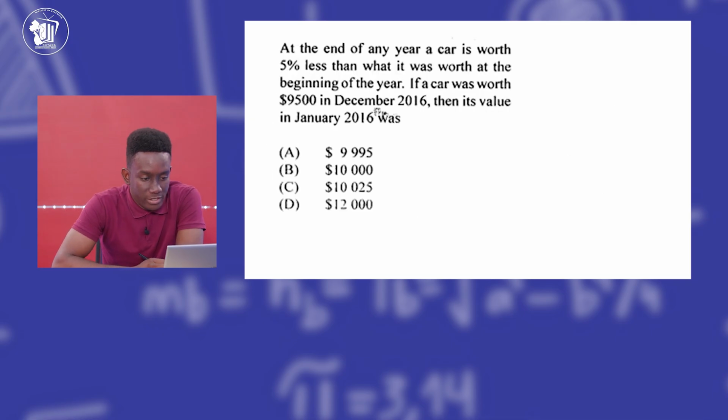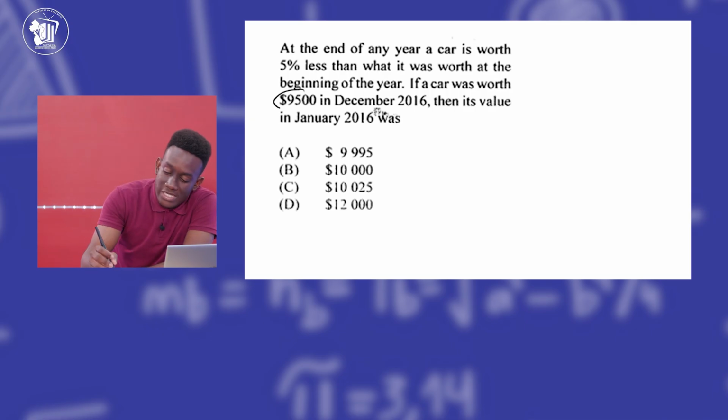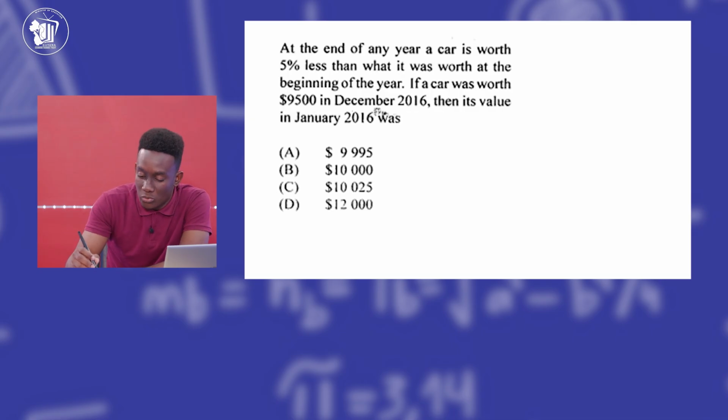Let's move on. So this one says, at the end of any year, a car is worth 5% less than what it was worth at the beginning of the year. So if a car is worth $9,500 in December 2016, then its value in January 2016 was, so this is the value of the car at the end of the year, and they want to know what was the value of the car at the beginning of the year.